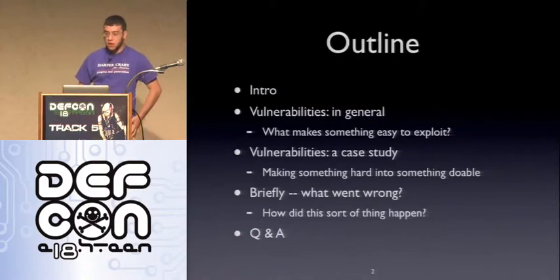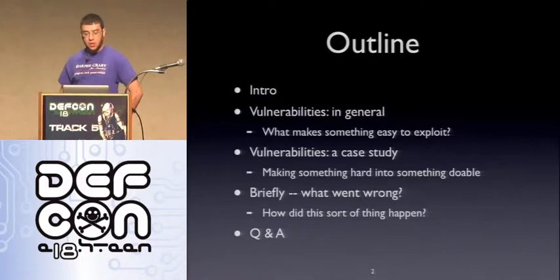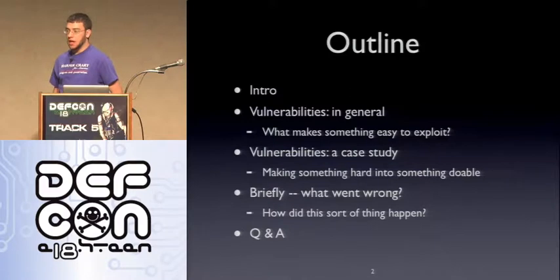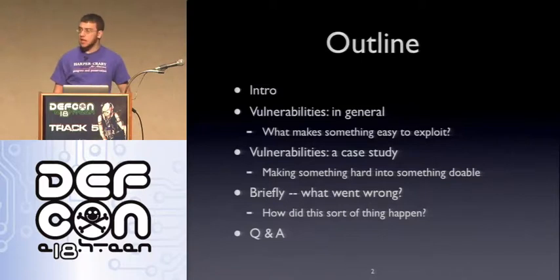So here's what I plan to talk about today. I'm going to give you a quick little intro, figure out who I am, who you all are. We're going to talk briefly about vulnerabilities in the general case. I'm going to go across an old style vulnerability that everybody here learned about in CS 101, and we're going to dissect it using 3 points.